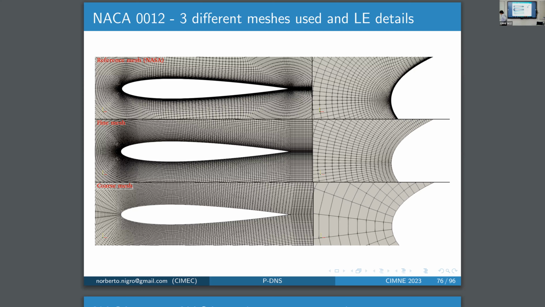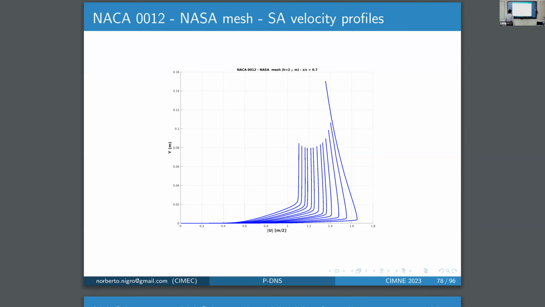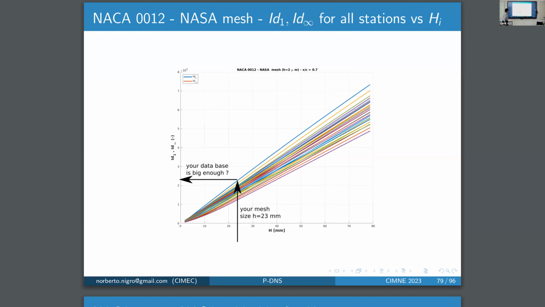I put some stations in order to show the NASA results in each station. This is the velocity in the height for the 13 different stations that I put. And if you move this information to our ID1, ID infinite for different heights and for different stations, the cloud of points lies here, in this way.